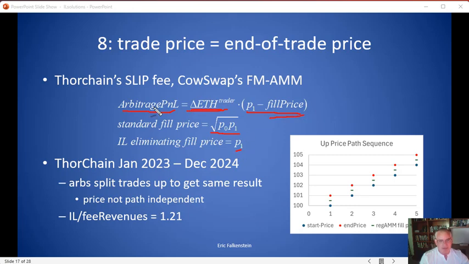Well, in that case the arbitrage P&L is going to be P1, the ending price, minus P1. So that's 0. Yay. So now the arb makes 0. And in Thorchain, it's not really the ending price. They add a fee such that the gross fill price with the fee is exactly equal to the ending price.